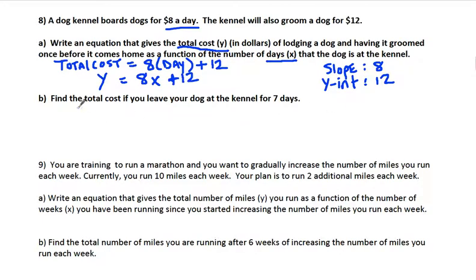But in part B here, it just says find the total cost if you leave your dog at the kennel for 7 days. And this is including having it groomed. So we just need to refer to our formula.